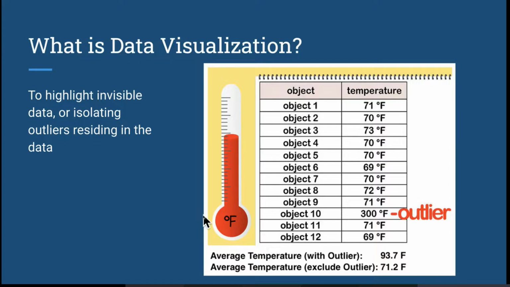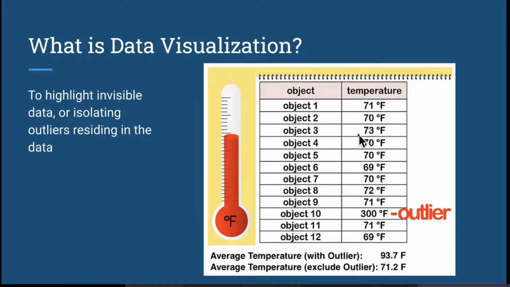Also, sometimes when we look at the data, we have to be very careful about what we call invisible data or outliers. In this case, this is an example of a temperature measurement across maybe 12 periods throughout the days or years.